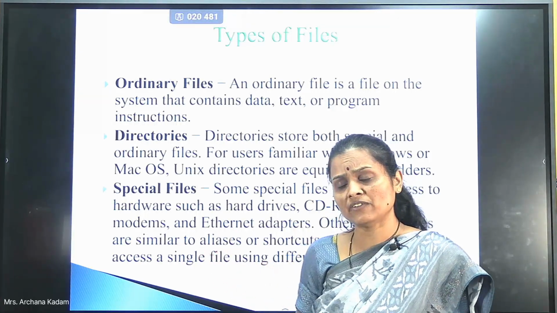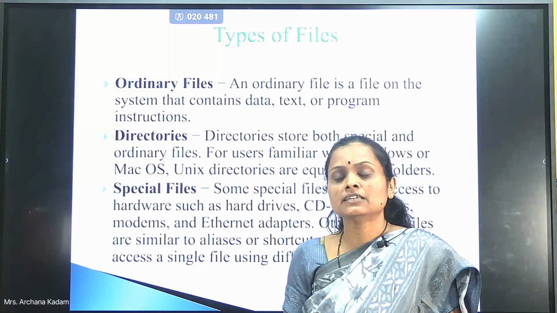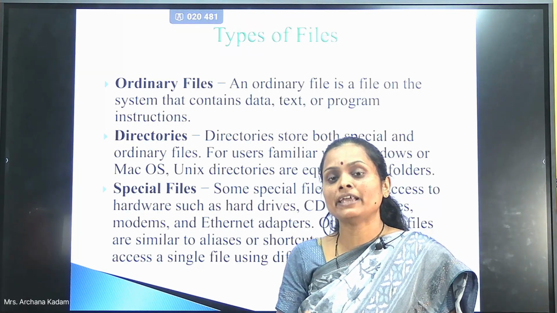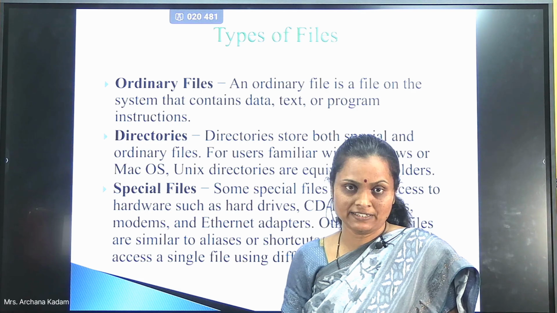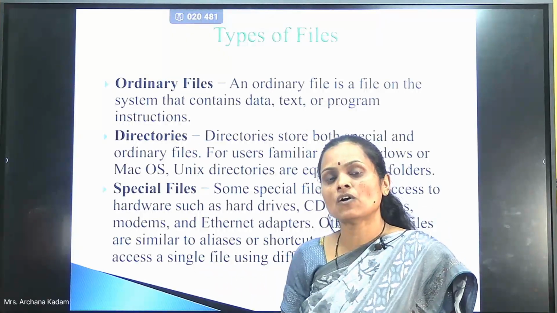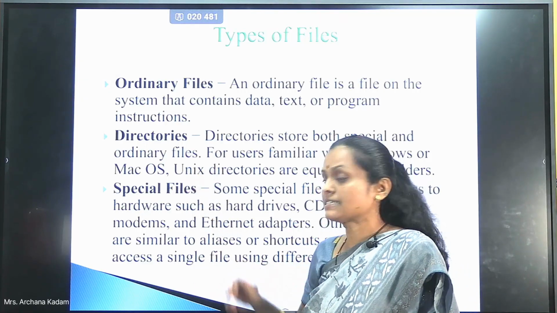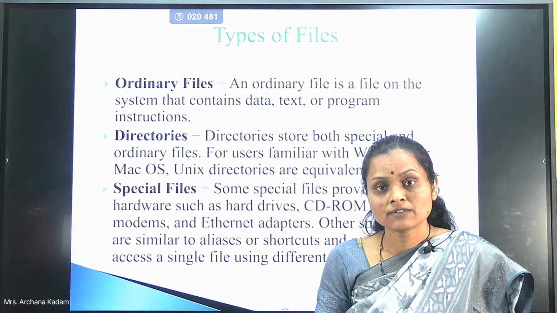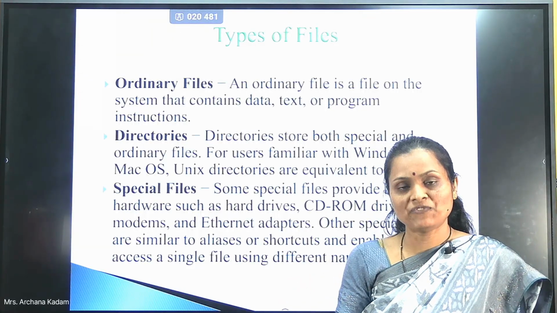So what are the ordinary files? The text files, compiled programs, or images that we handle regularly are called ordinary files. Next, directories. Directories are files which contain different files.